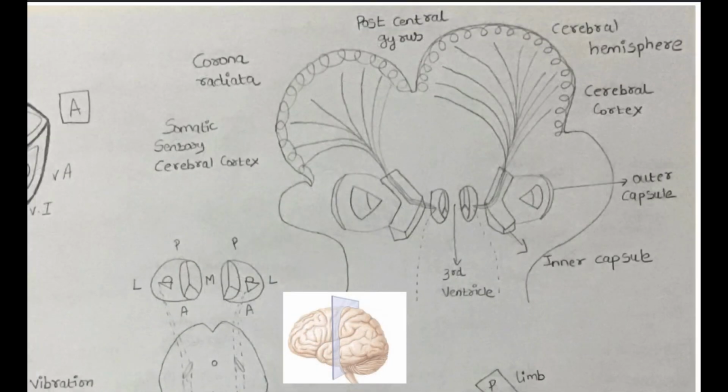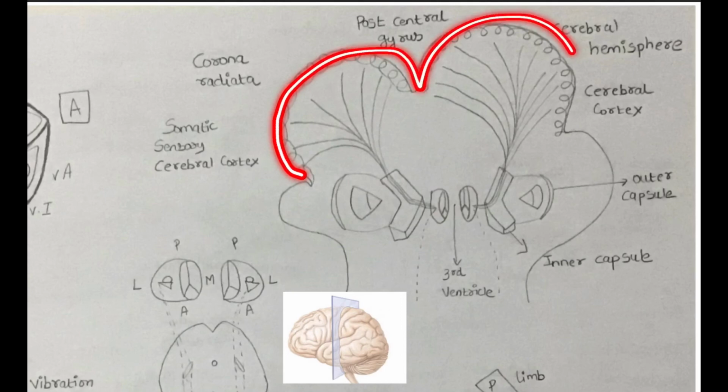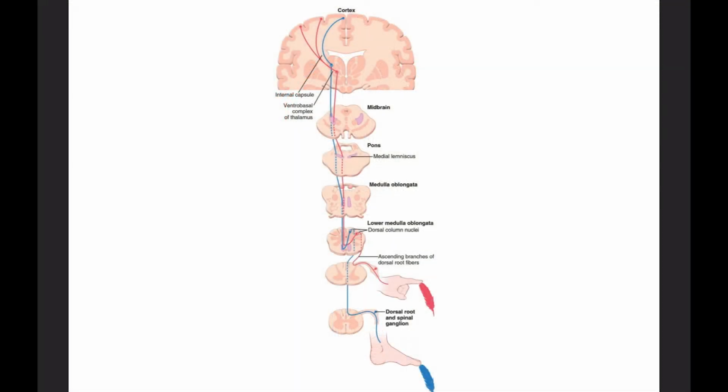Since you have only the ascending tract in the dorsal column, very minute, detailed information is analyzed in the somatic sensory cerebral cortex. In this diagram we will see the summary of the dorsal root fibers.